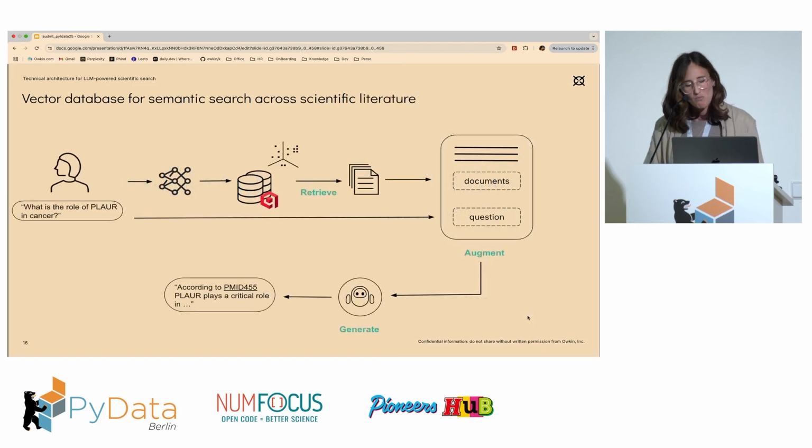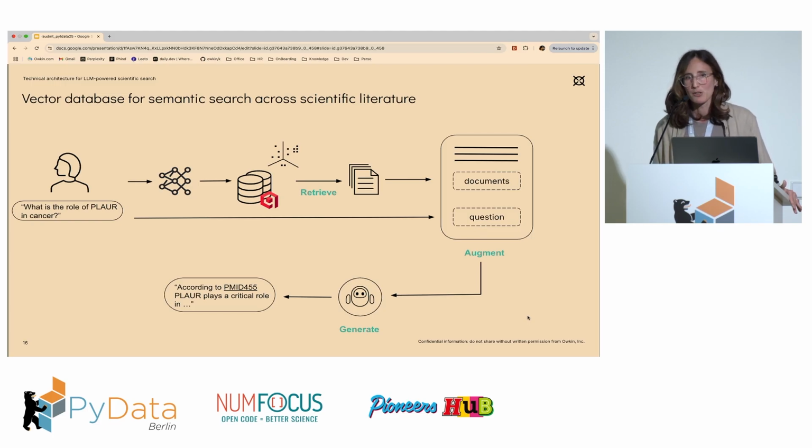So we use a really famous technique called RAG that you probably already know. It enables the LLM to rely not only on its pre-trained data, but on your own data, your own documents, here the abstracts, and give a more accurate answer with the possibility to give the sources.